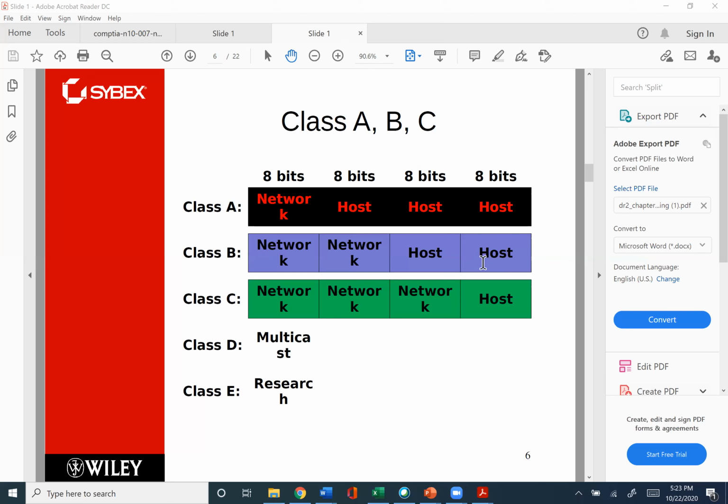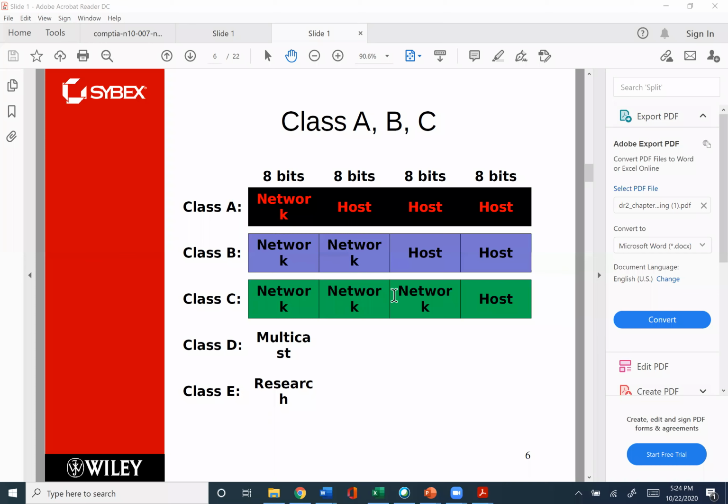When it comes to class C, it's a different view. We're talking about 2 to the power of 24 just for networks, right? You can have multiple networks. Each network will have a small number of hosts. What will your house network normally have? Does it have A, B, or C?